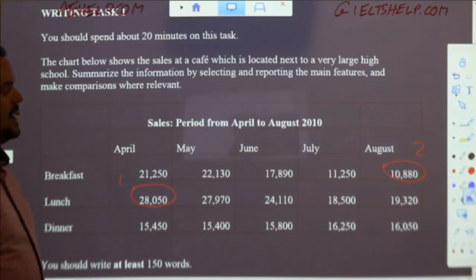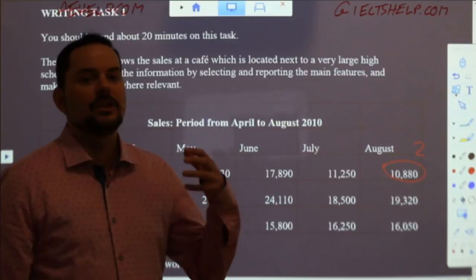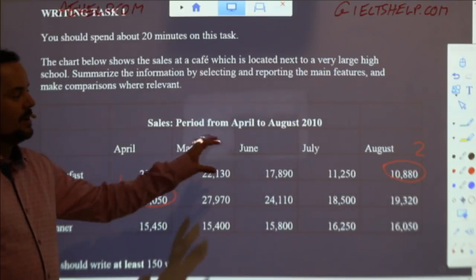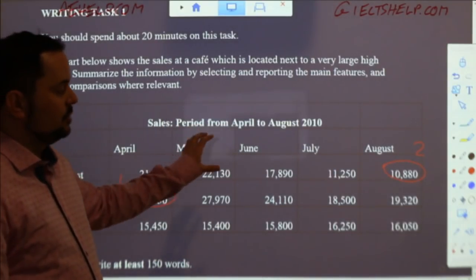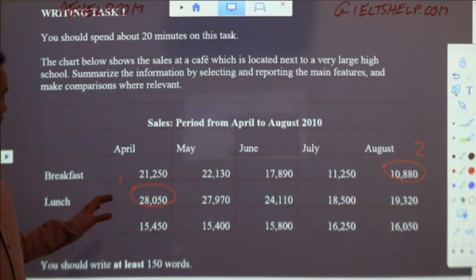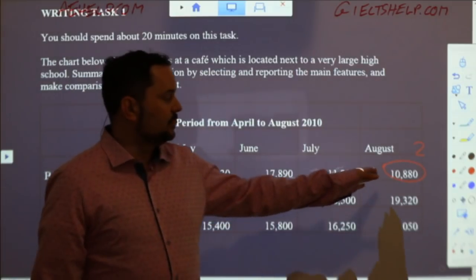Okay, now, when you're looking at a table, you can do something very interesting. If you are looking to score a band 9, so you're looking for that really high IELTS score, what do you think would be a very clever next step here when I'm looking to identify some interesting points of comparison? So I looked at the highest sale period and the food, and I looked at the lowest one.